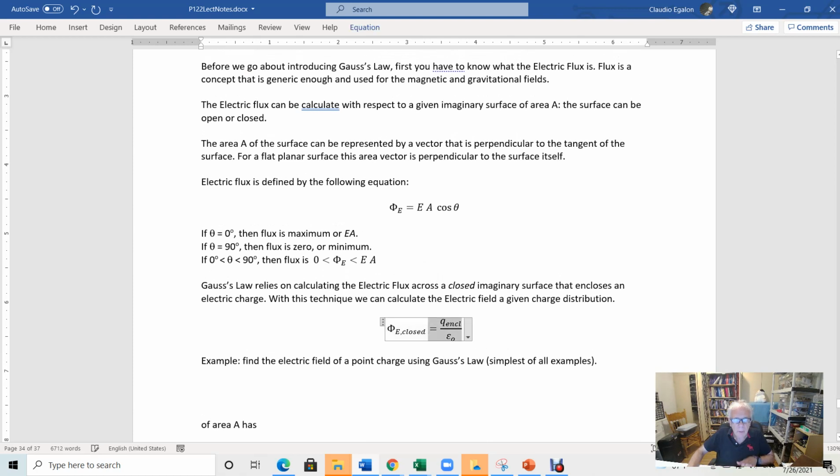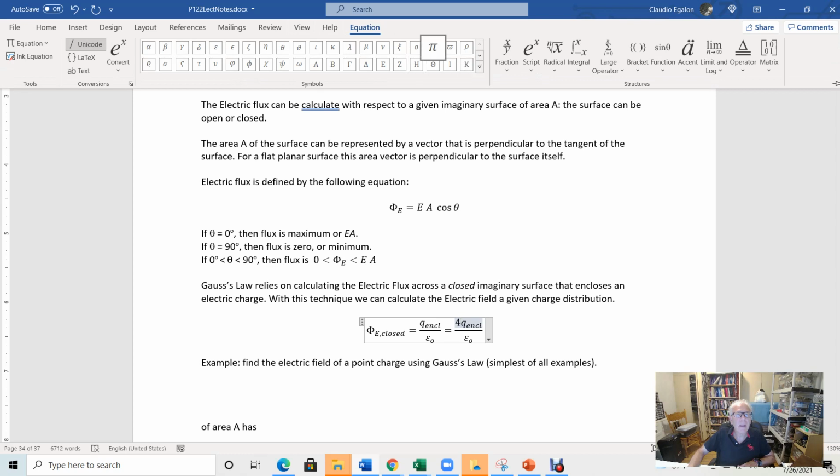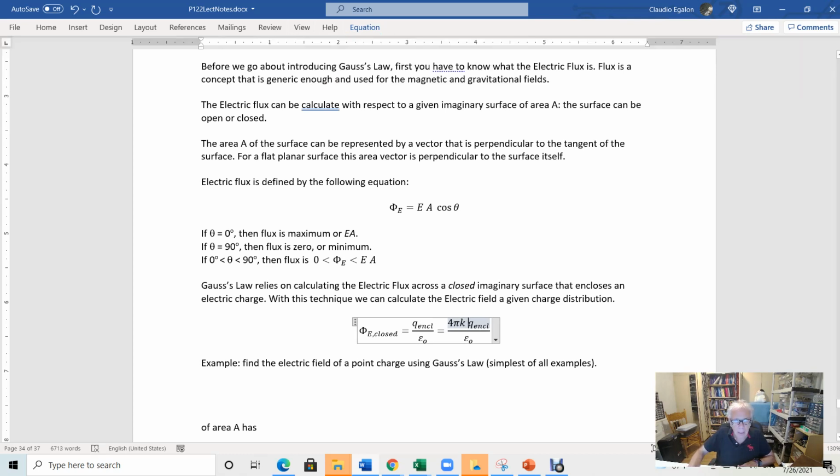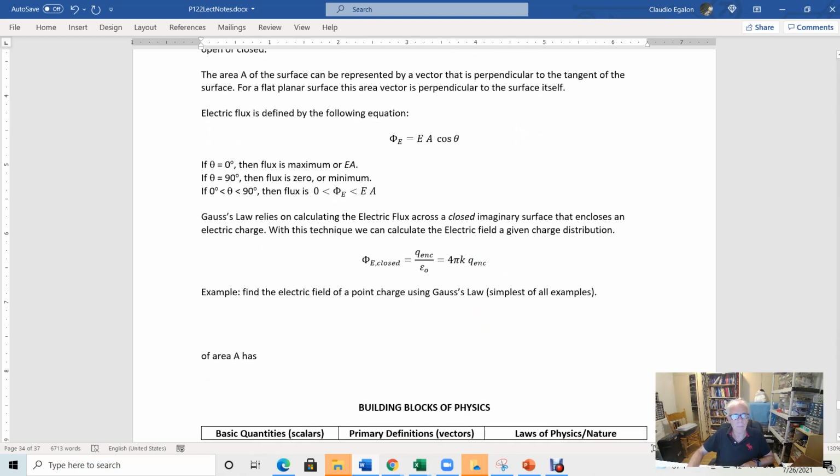We'll just do it the way the book did: 4 pi k q enclosed. Point charge of charge q, using Gauss's law. Simplest of all examples. Solution.